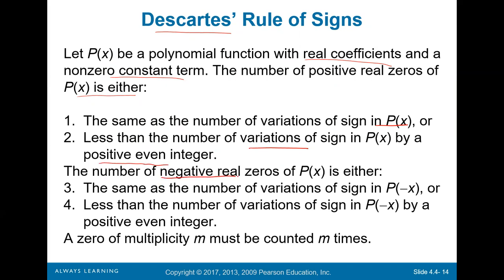The number of negative real zeros is either the same as the number of variations, or less than the number of variations, okay? So a zero of multiplicity m must be counted m times.